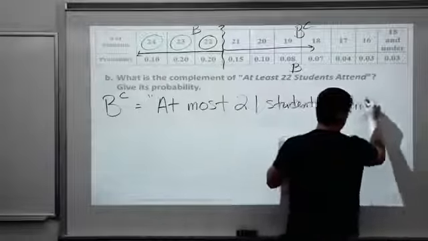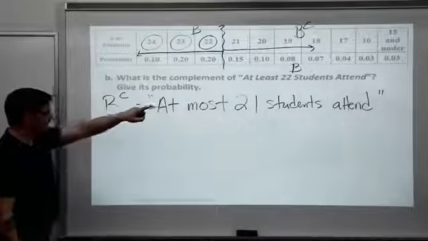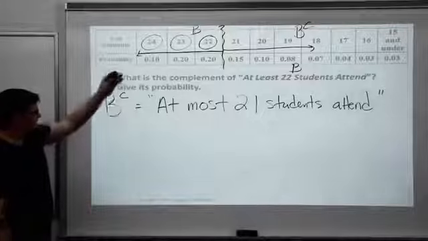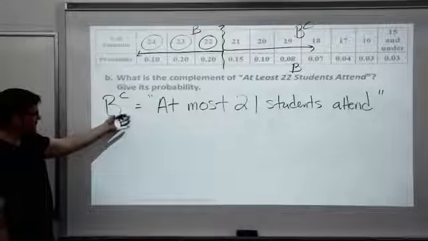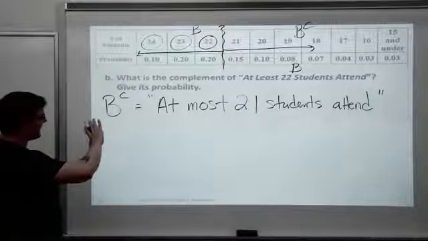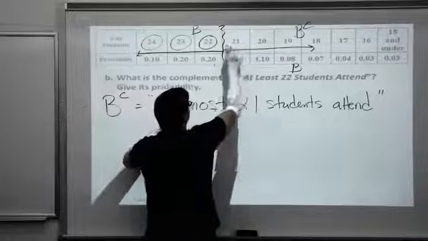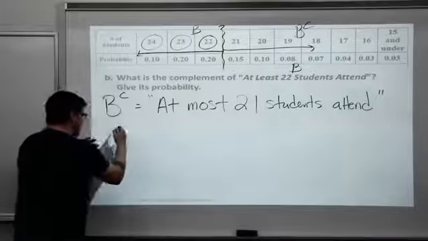That's the complement. B, at least 22 students attend, is from the line and up. Complement, at most 21 attend, is from the line and down. Don't double count anything, right? We don't want a 21 to show up on both sides, so make sure we're crystal clear on that.